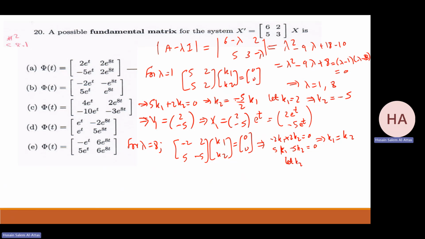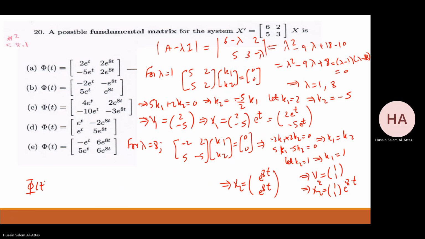Let k2 equal 1, so k1 equals 1. So v2 is 1, 1, and x2 will be e^8t, e^8t. So what is Phi of t? It is x1, x2, which is 2e^t, minus 5e^t, e^8t, e^8t.